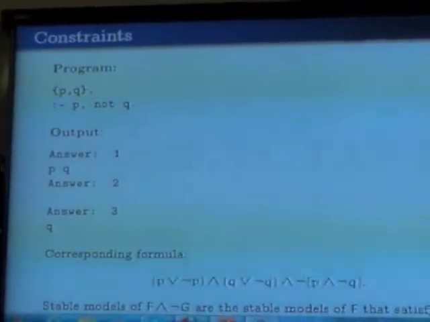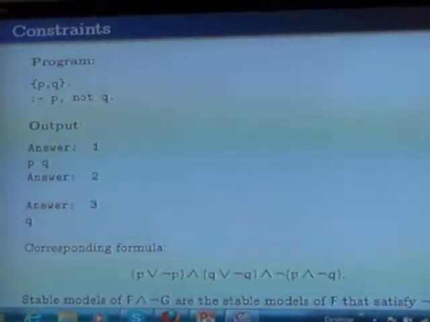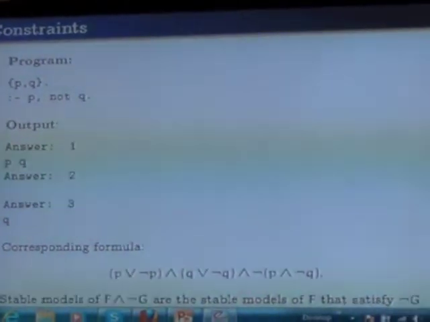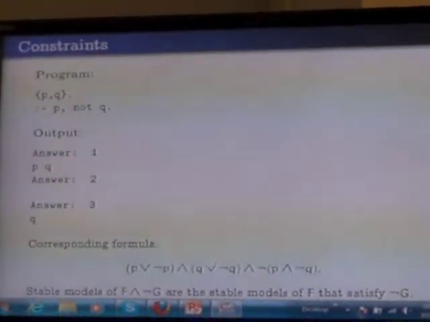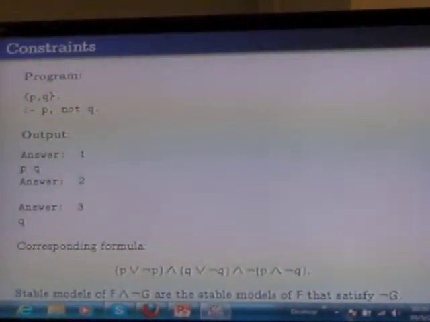So if you look at the output of an answer set solver for this program, it will produce 3 rather than 4 stable models out of the 4 that we saw in the previous slide for this choice rule. One is missing here, the one that makes P true and Q false, because this is what is not allowed. So you can think of this negation symbol in this case.